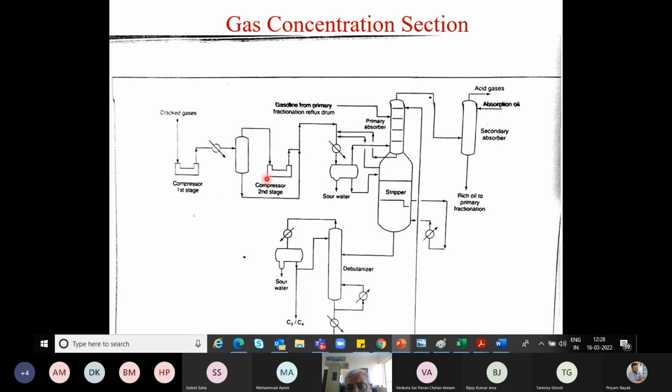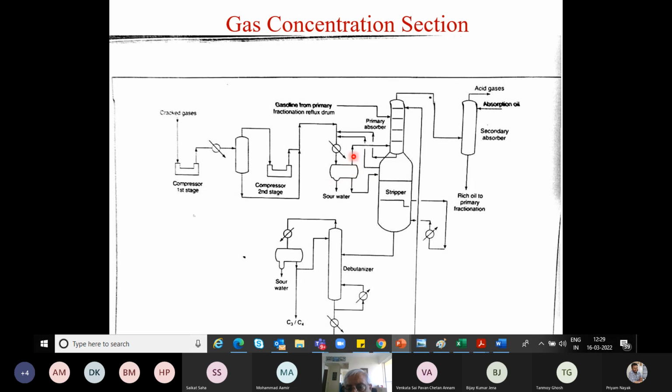Some amount of water will condense out here, but there are still gases which are non-condensed even at 15 bar. You can imagine that these would be gases like hydrogen, H2S, CO, CO2, etc., and methane, and some amount of ethane.